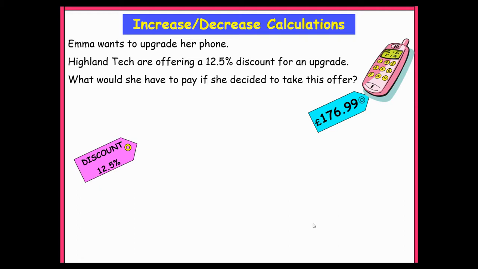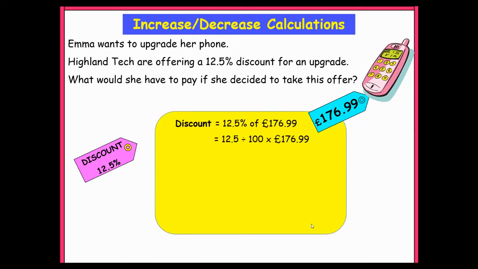Okay, Emma wants to upgrade her phone. Highland Tech are offering a 12.5% discount for an upgrade. What would she have to pay if she decided to take this offer? So if she puts her phone back to the company, they'll give her some money off. So we're going to find 12.5%. We'll divide by 100 times by 176.99.